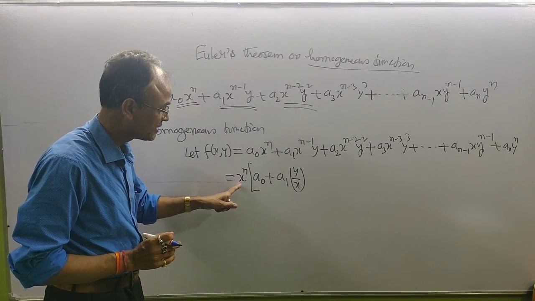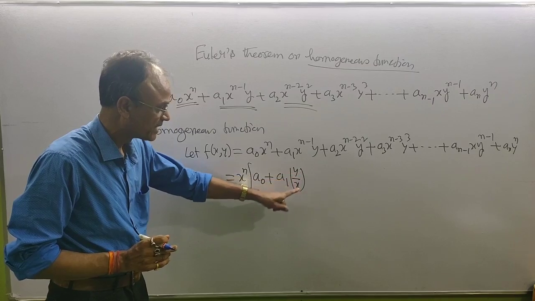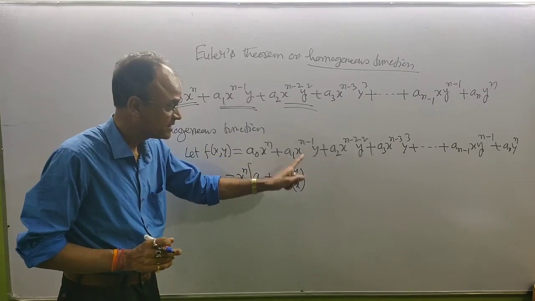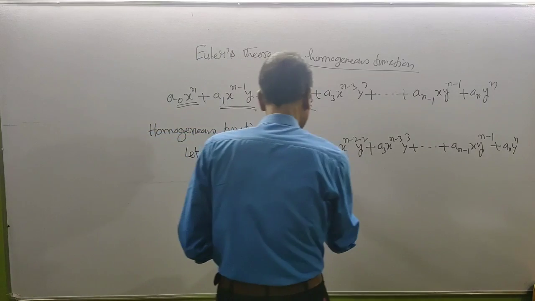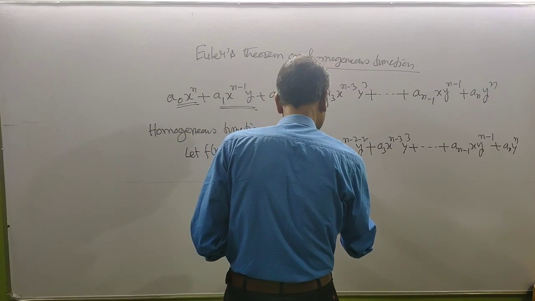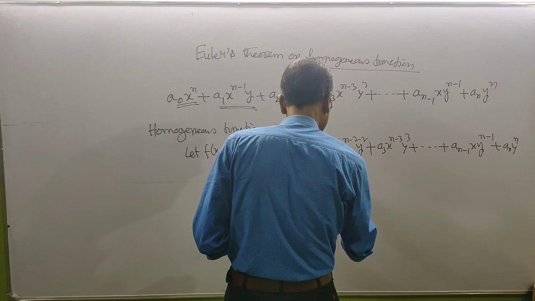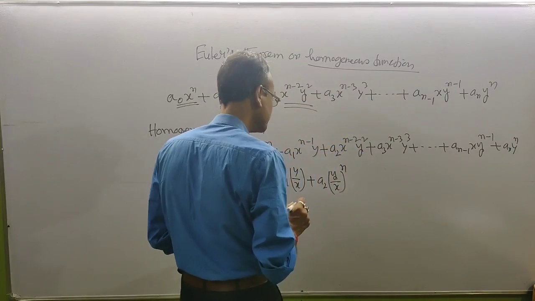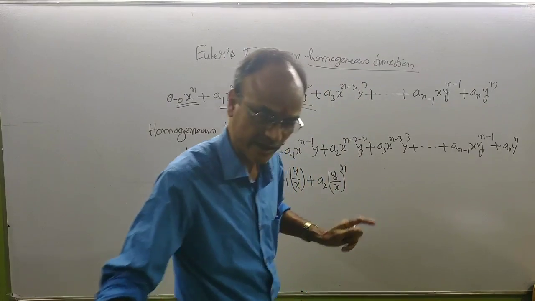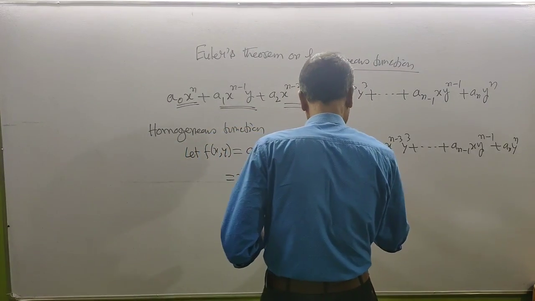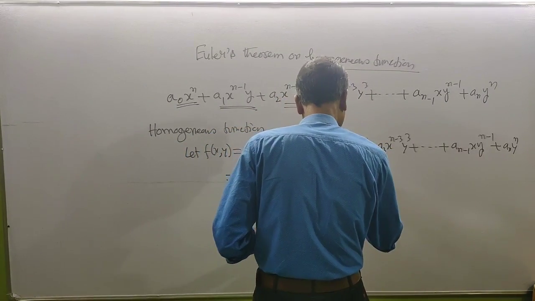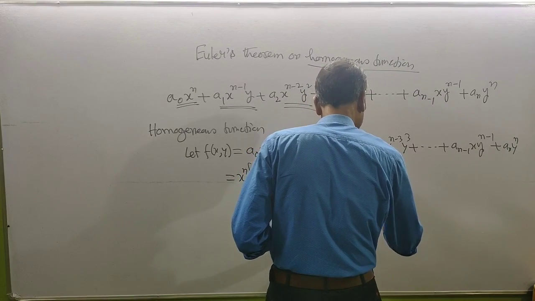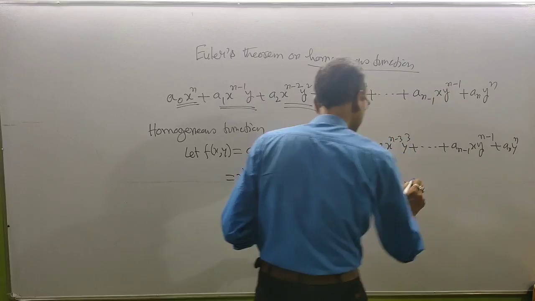Because multiplying x to the power n into y divided by x, y will be there, and x to the power n divided by x means x to the power n minus 1. Plus a2 y by x whole square, plus a3 y by x whole cube, like that.